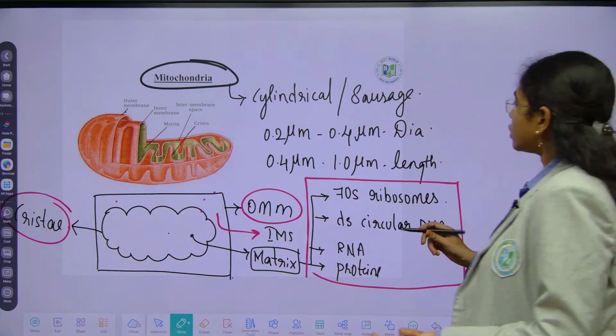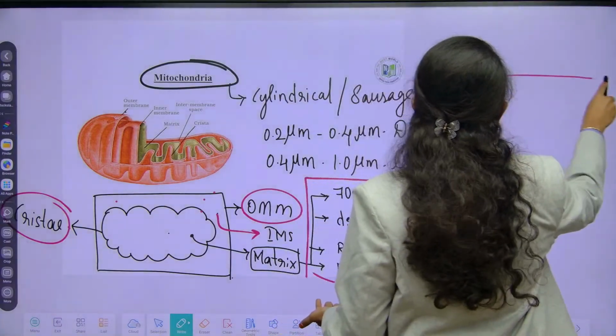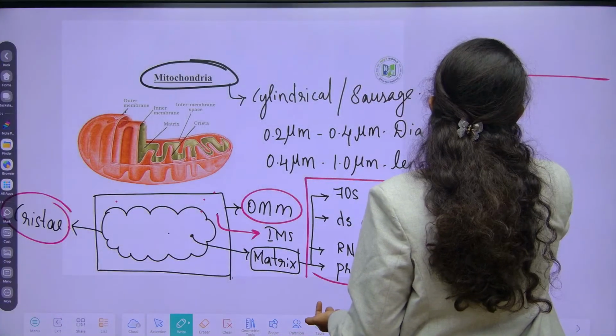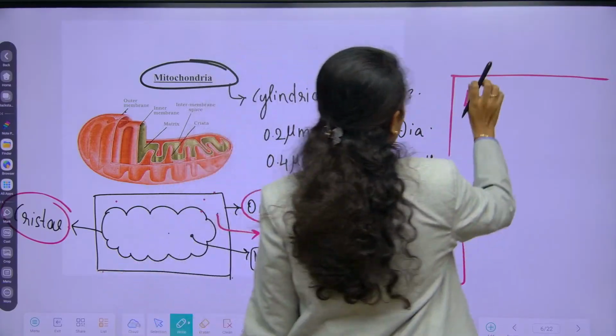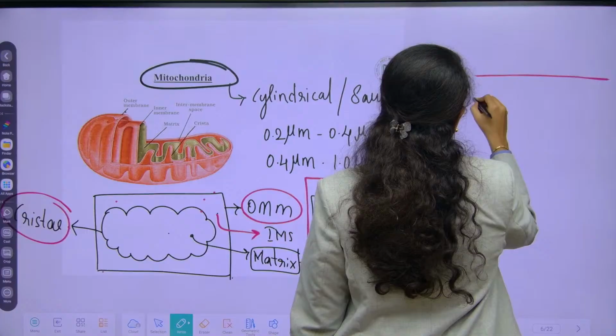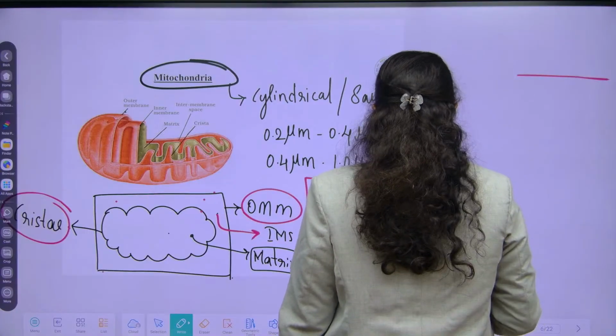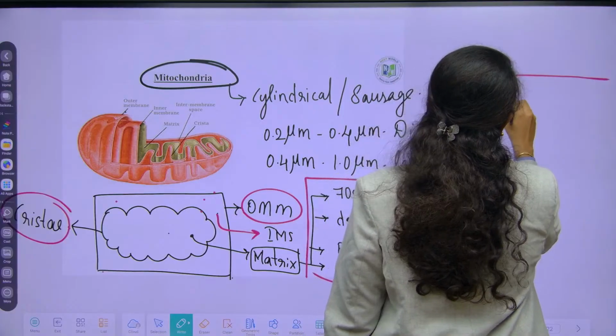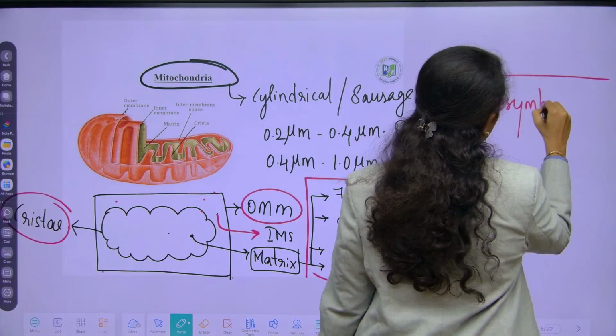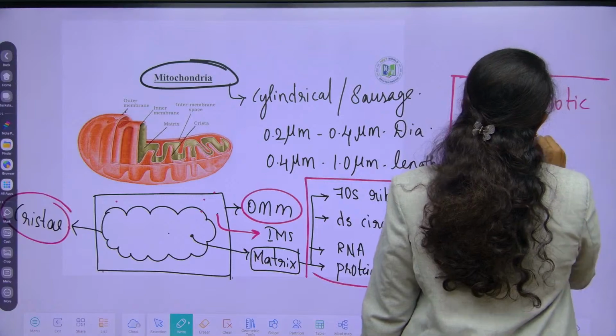So, there is a concept that we learned under evolution, the endosymbiotic theory. Do you remember? Endosymbiotic theory.